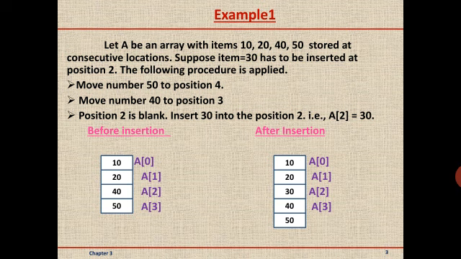Step 2: j is equal to I, while loop, j is greater than or equal to 1 and A of j is less than A of j minus 1. Then we exchange the values, with temp as a temporary variable we have taken, and we insert the value into it. End of if, end of while loop, and hence we conclude this algorithm here.